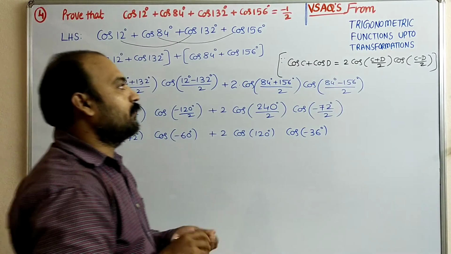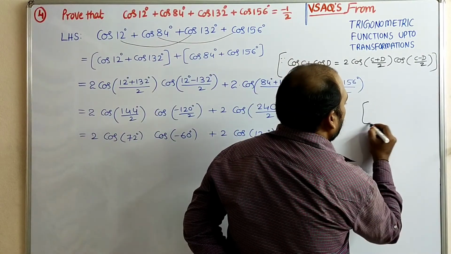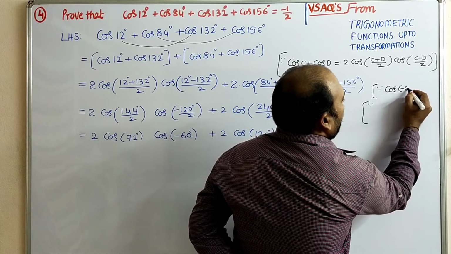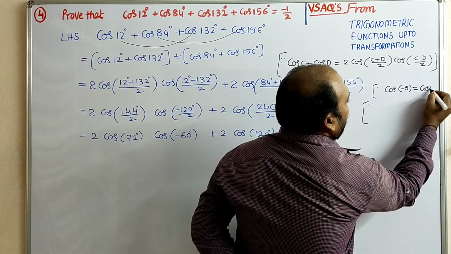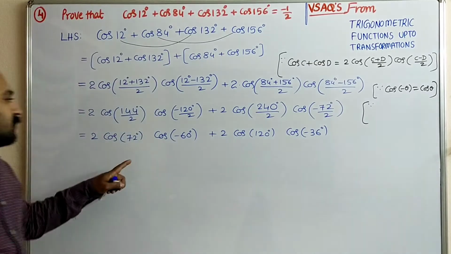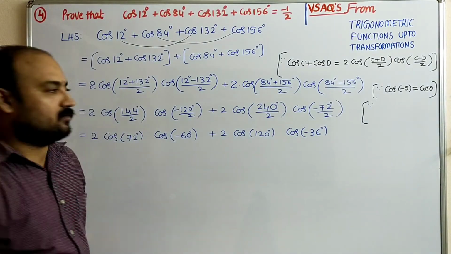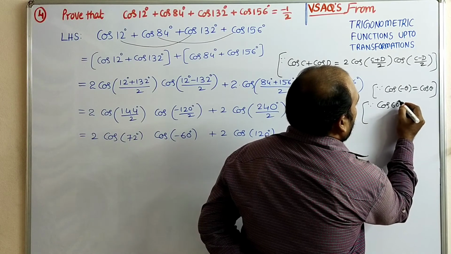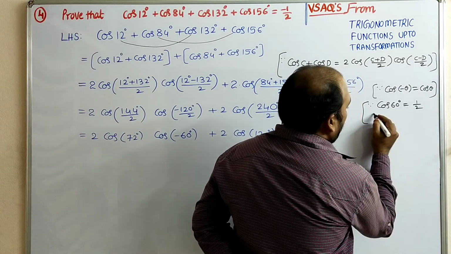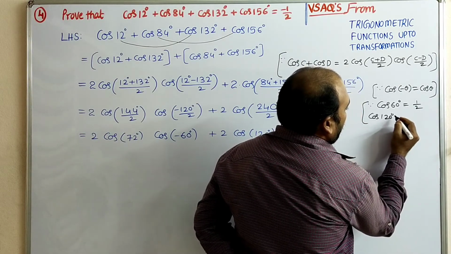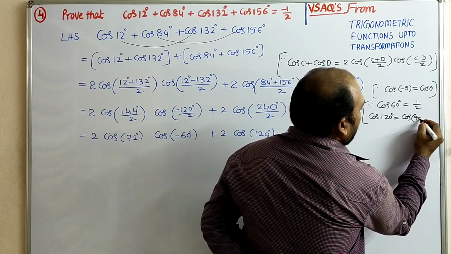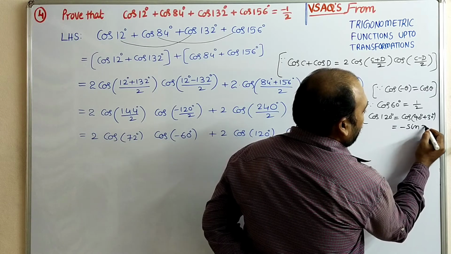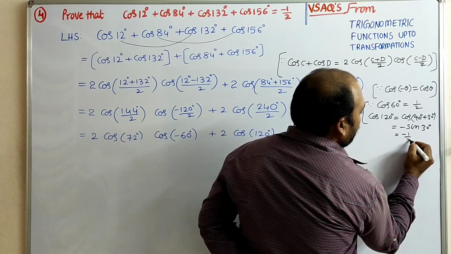Here you have to know that cos of minus theta equals cos theta, first thing. So wherever cos of minus theta is there, it will become cos theta. Next, cos 60 value is 1 by 2, and cos 120 is cos of 90 plus 30, so minus sin 30, so minus 1 by 2.